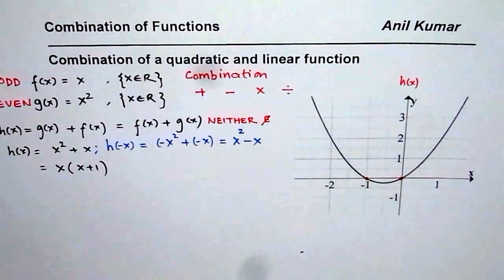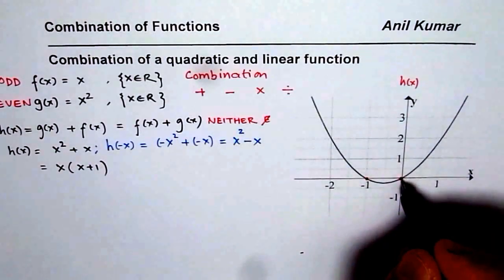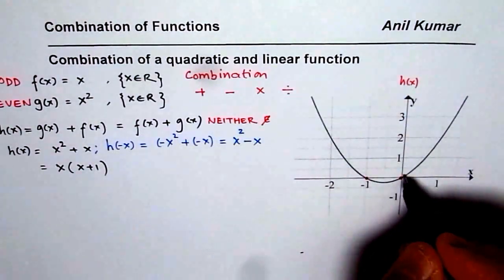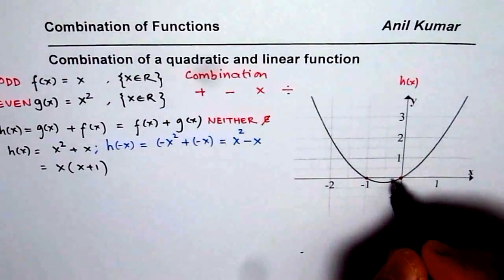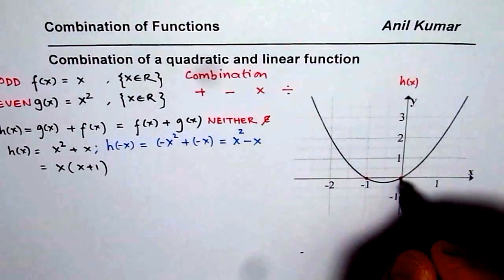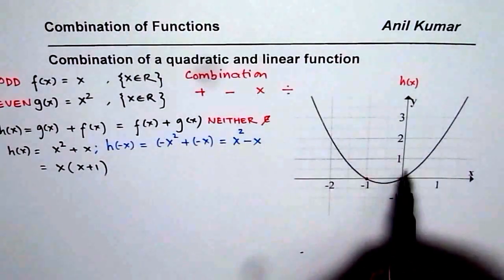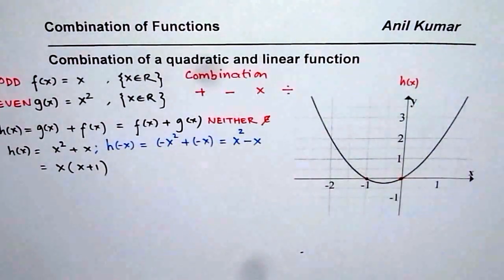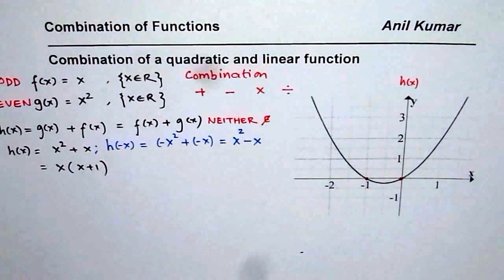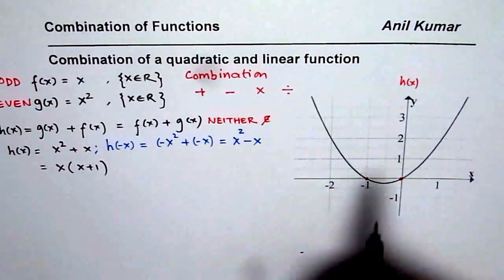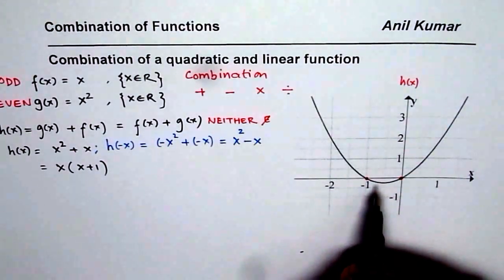So what really happened by combining a straight line and the parabola is that the parabola shifted left and down, resulting in two x-intercepts, right? It gets translated, and that is what you really get here, right? But it still remains a parabola, so that is important.